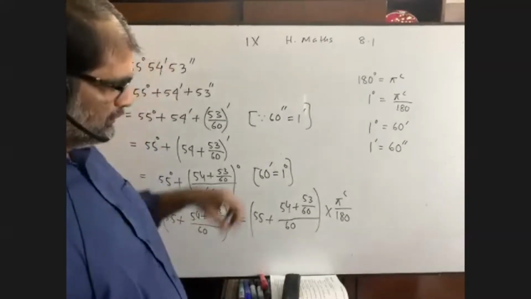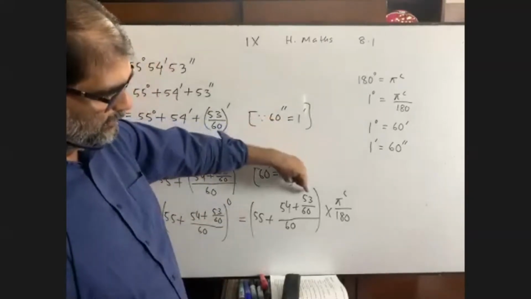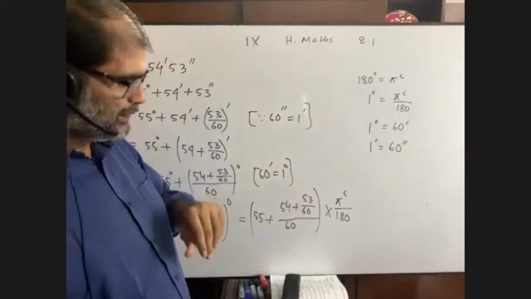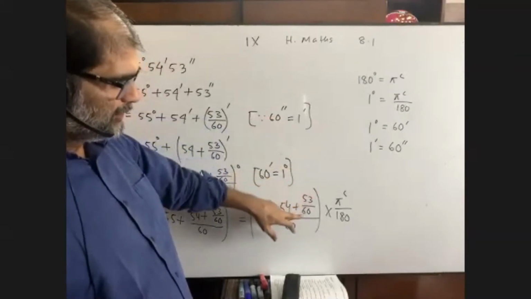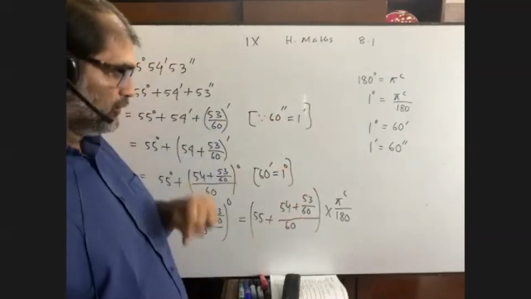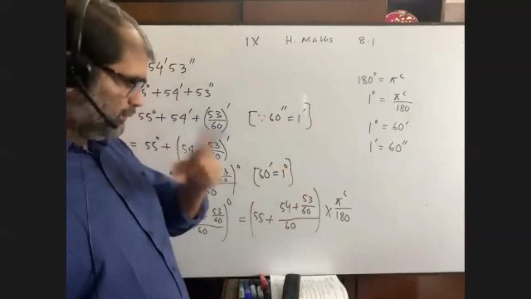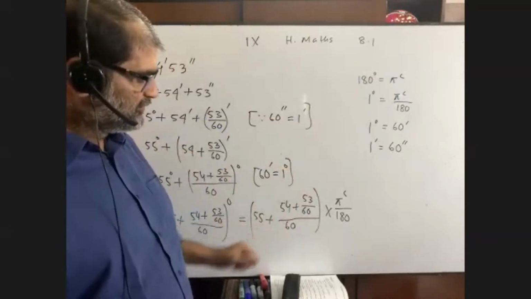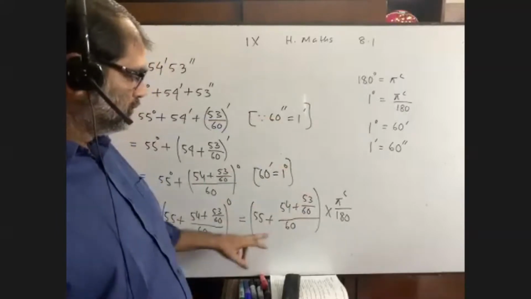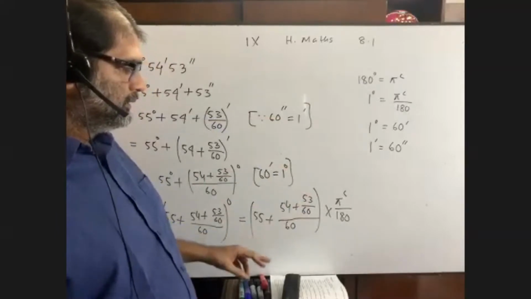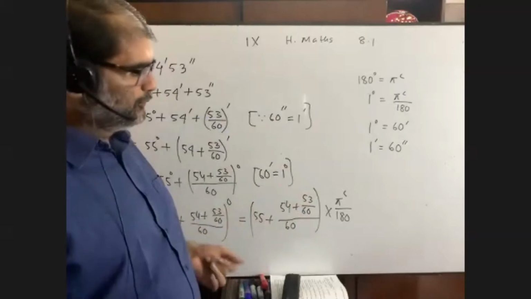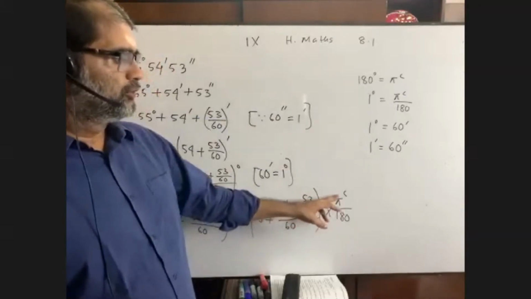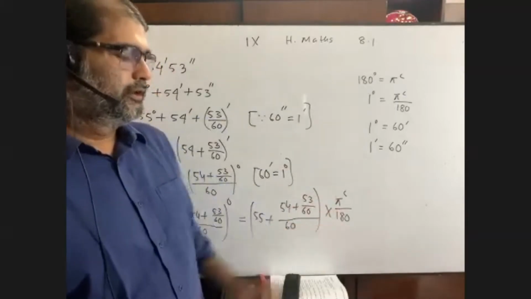Now you see, you calculate. What will you do? Write down 53 divided by 60 in this way. You have to calculate 53 divided by 60 plus 54, divided by 60, plus 55, into 3.1416 divided by 180.